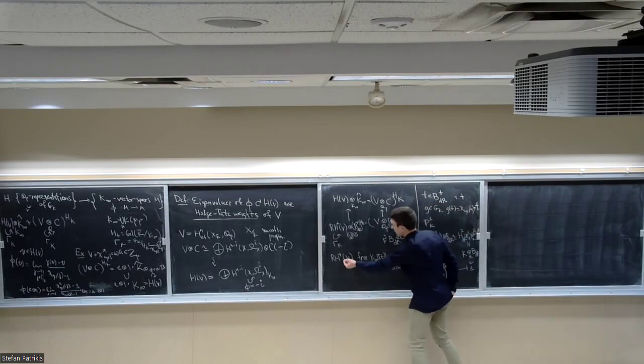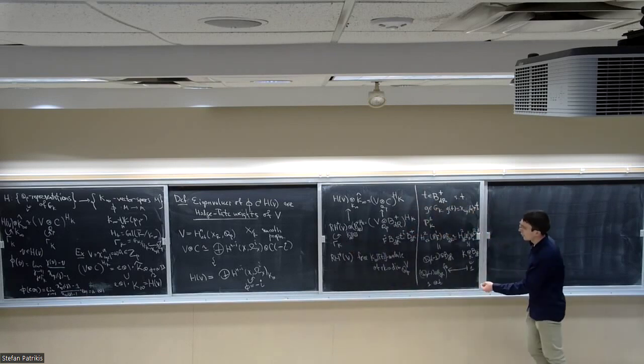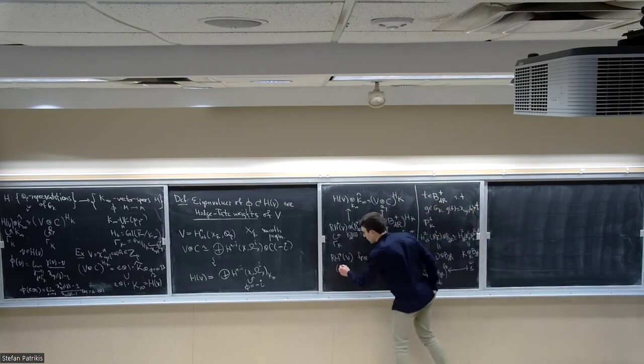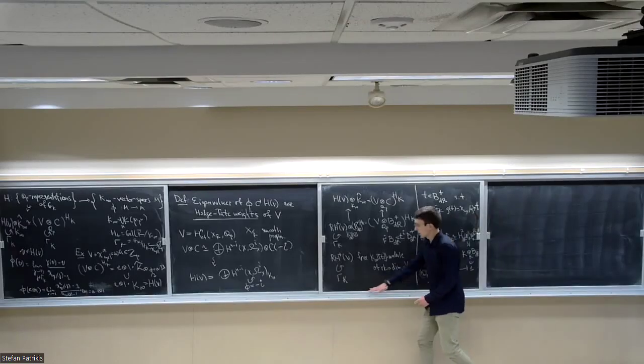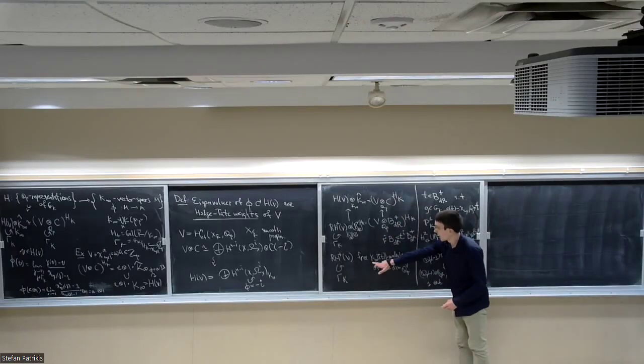But now, so the interesting data about my representation is contained in how the Galois group acts here. Right? Now, what kind of action is this? How does it interact with the structure of a module over this ring?